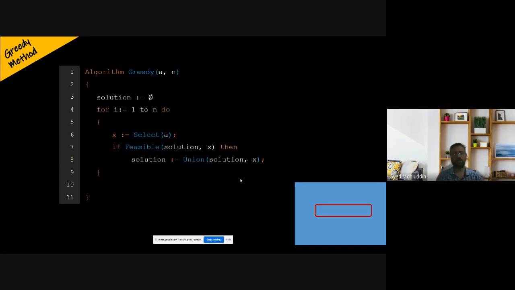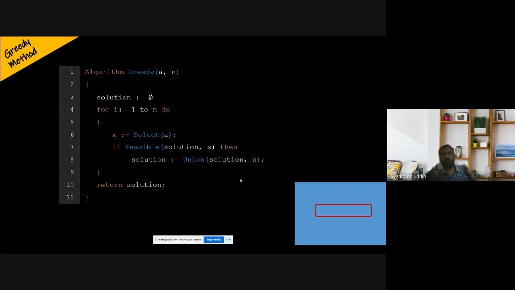So we make use of the union operation, union of solution and x. The solution was null, and x is added to the solution. Next time another input is selected, and if that input is feasible, then it will be added to the solution set, otherwise it will be discarded. Then once this for loop completes, at the end we return the solution, which will have all the feasible solutions.